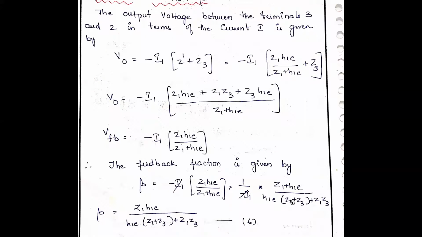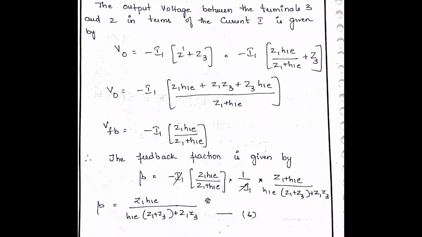This is the expression. Now if you observe this expression, minus I1 in the numerator, minus I1 in the denominator will cancel. Z1 plus HIE here in the denominator, Z1 plus HIE here in the numerator, they also will cancel. So only thing that will remain will be Z1 HIE and this term in the denominator.